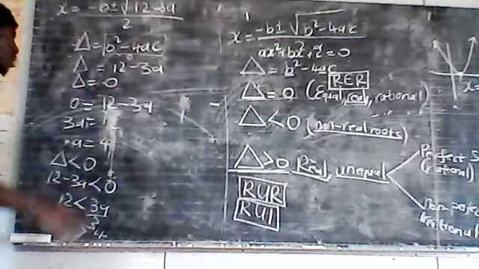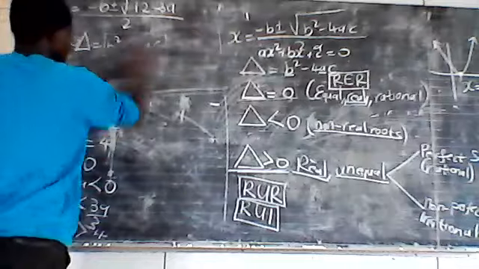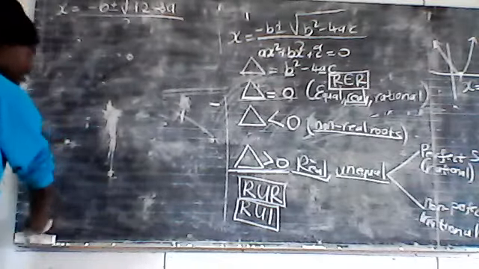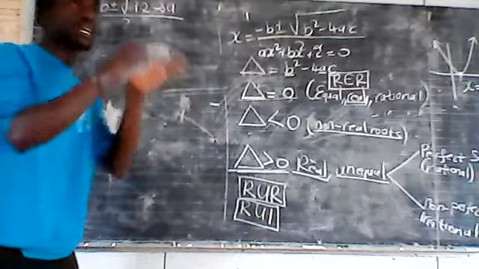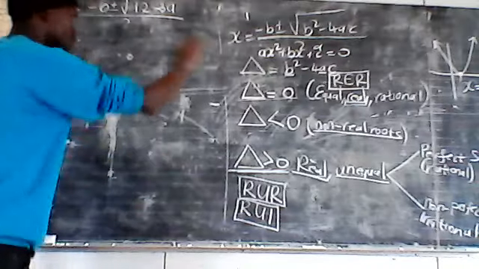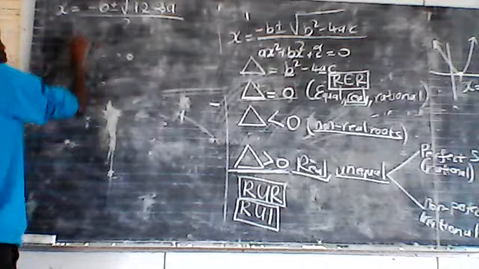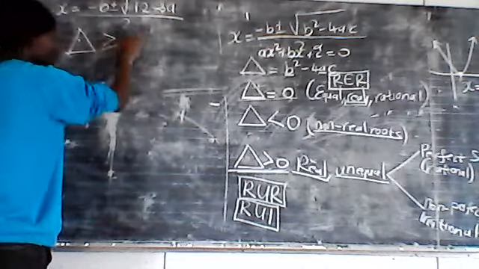So what do you actually have to do when you are faced with that case? You don't know whether you are going to plug in delta equals 0 or delta greater than 0, because they only said real, guys. So you have to combine the two: equal and greater than. You have to say delta is greater than or equal to 0.